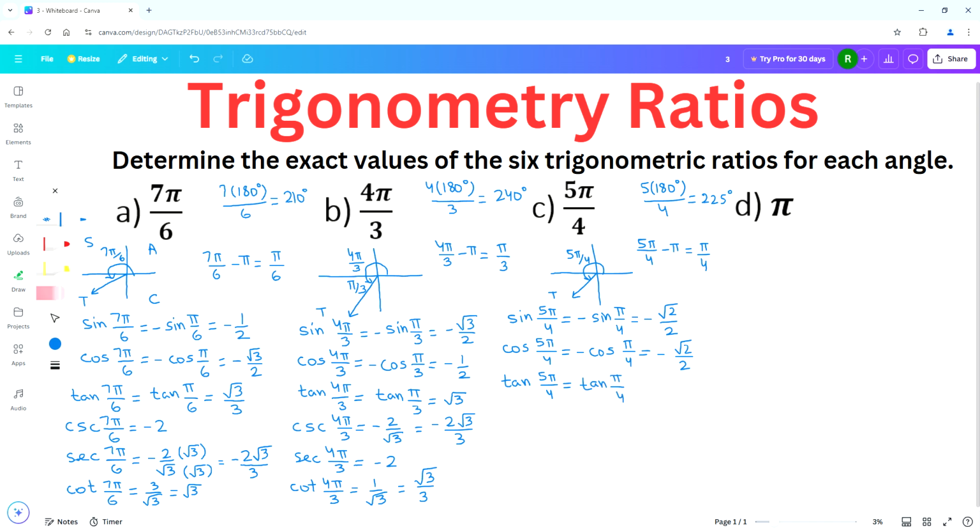Tan is positive in quadrant 3. Tan pi over 4 is equal to 1. Now we can find the values of the reciprocal ratios.